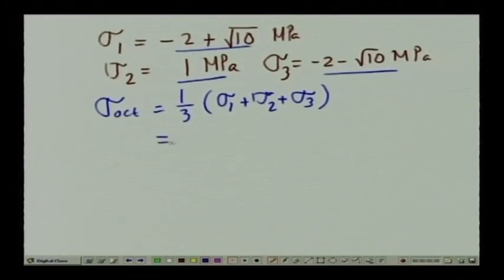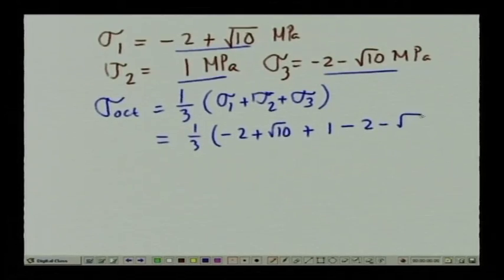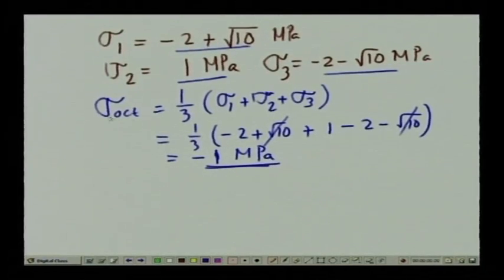So, this is equal to 1/3 of minus 2 plus root 10 plus 1 minus 2 minus root 10. So, this gets cancelled. Minus 4 plus 1 is minus 3. So, this is equal to minus 1 MPa.